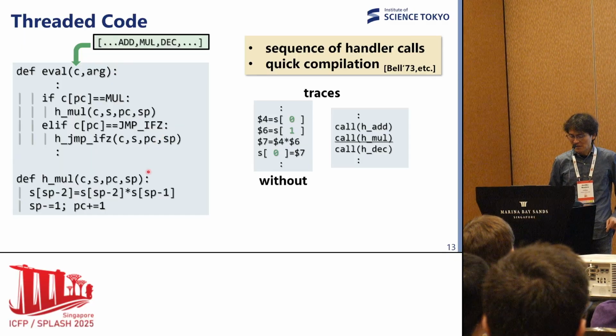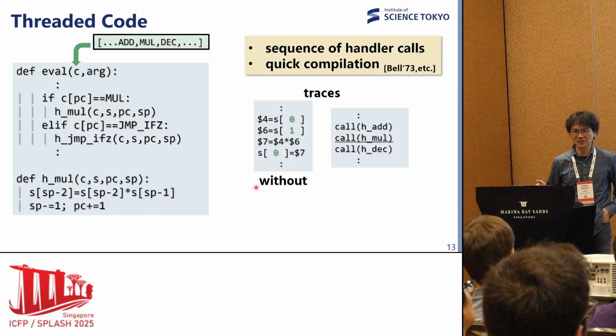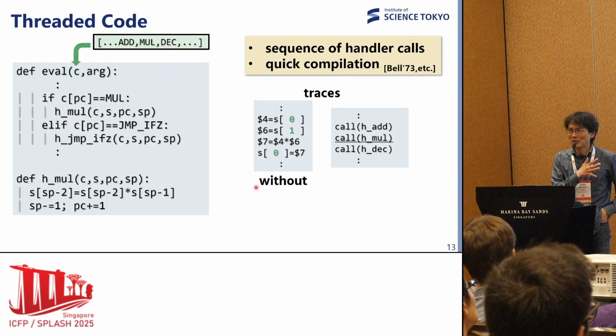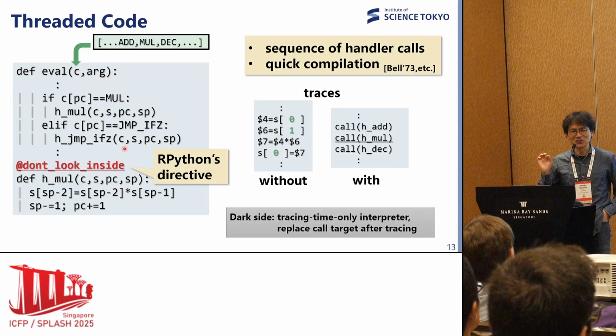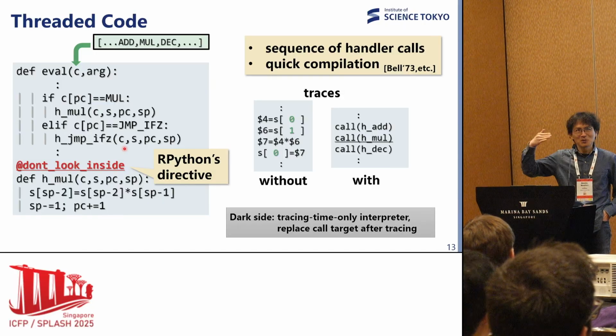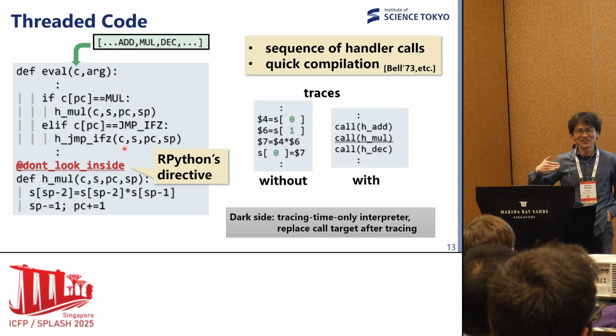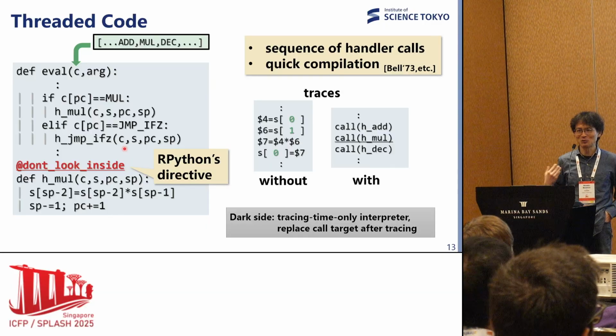So for example, if we have this kind of interpreter definition, then the RPython framework usually generates the compiled code like that. So this is what I have shown as a compilation. But we just add an annotation, don't look inside, which is RPython's special directive not to trace this side, but leave just a call to this handler.